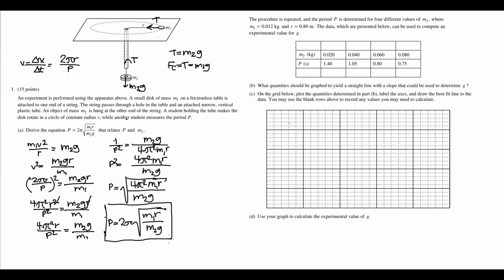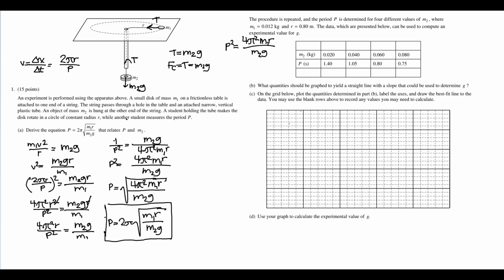Let's square both sides. So P squared equals 4 pi squared M1R over M2G. Now, we could take the reciprocal.